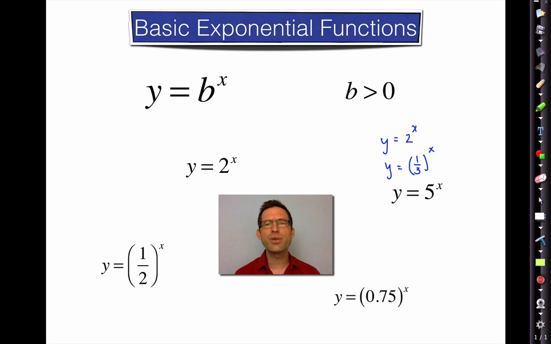Note that in every single case, the base is positive. You will never have a negative base as an exponential function. You'll never have something like y equals -3 to the x. The base will always be positive. It could be greater than 1. It could be between 0 and 1, but it will always be positive.